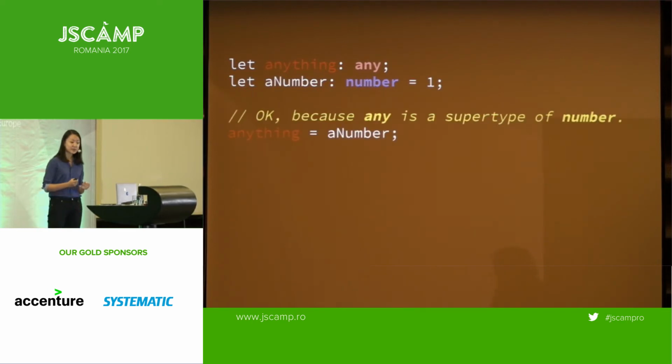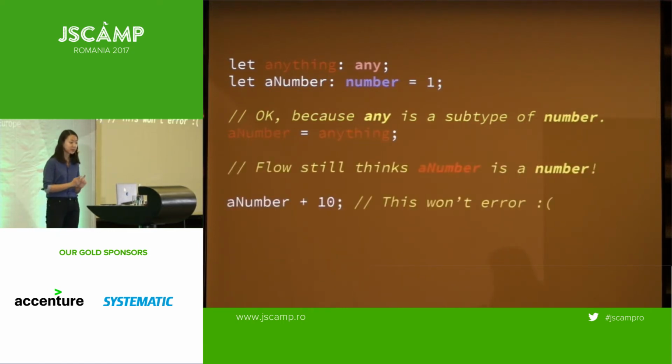Of course, that means we can set anything to a number, because any is a supertype of a number. But where it becomes problematic is that you can also set a number to anything, because any is a subtype of number. This is really bad because Flow still thinks a number is a number and will thus allow numeric operations on that term, and you'll get a runtime error.